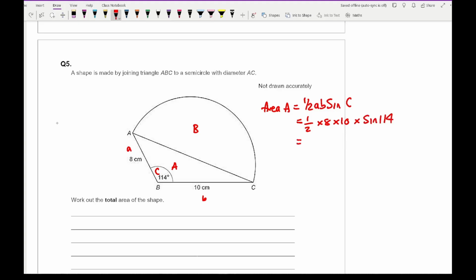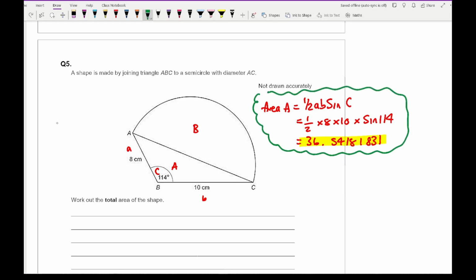And if I type that all into my calculator, I get an answer of 36.54181831. So I'm just going to shelve that for now and put a little bubble around that.